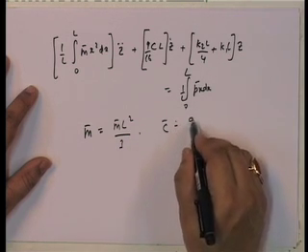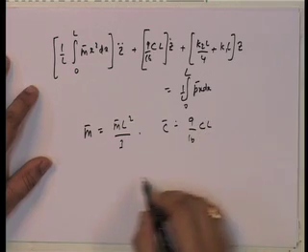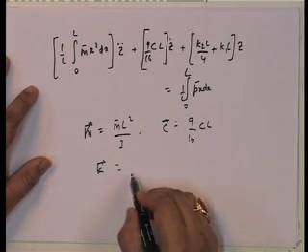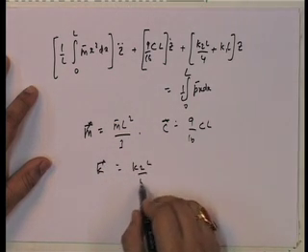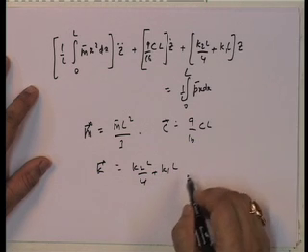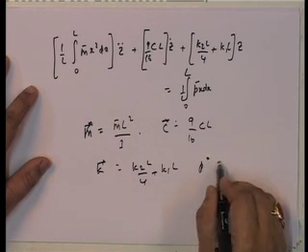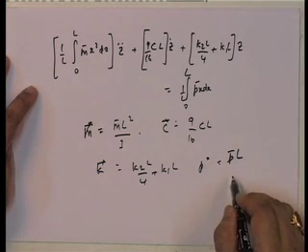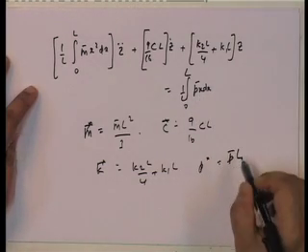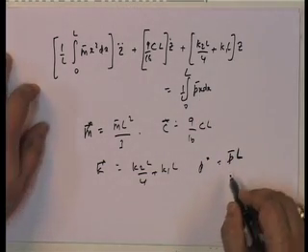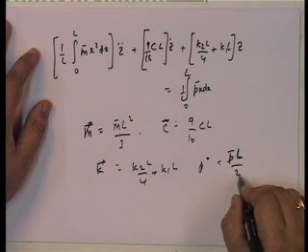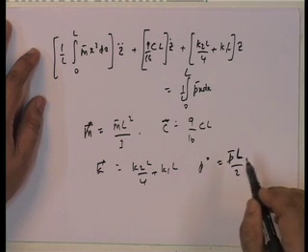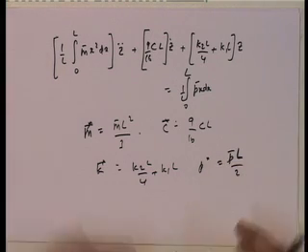C star is 9 by 16 C L, k star is equal to k 2 L by 4 plus k 1 L, and p star is equal to p bar L. Now, you have x squared. So, you have p bar L upon 2. Okay? So, that is what we have.